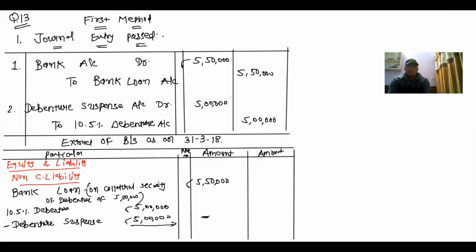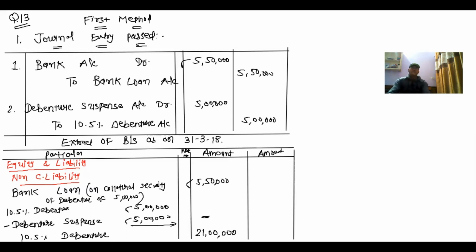So bank loan 5,50,000 is obtained against a debenture which is mortgaged as a collateral security. And second thing, the debenture already given in the question, 10.5% debenture, is also a part of non-current liability, that is 21 lakhs.